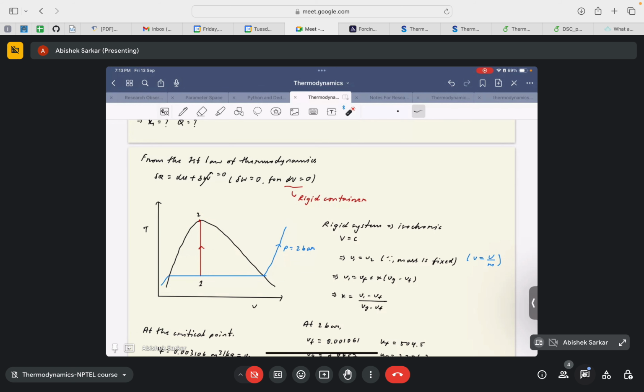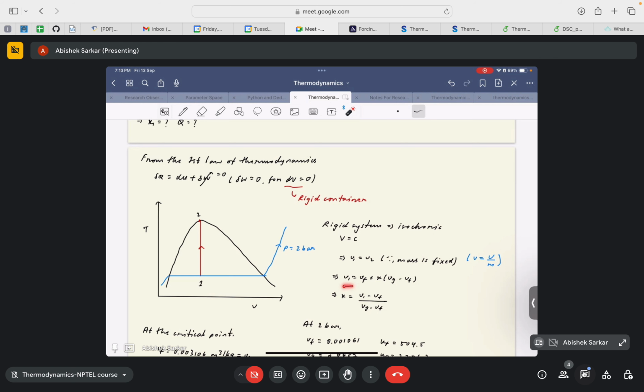So we'll have capital V1 equal to capital V2, or consequently small v1, the specific volume at 1, equal to the specific volume at 2. Is this point clear? Because specific volume is volume per unit mass, and mass is constant and the volume is also constant, so the specific volumes are also constant at the final and the initial point. Then we can write the initial volume as vf plus x times vg minus vf, right?